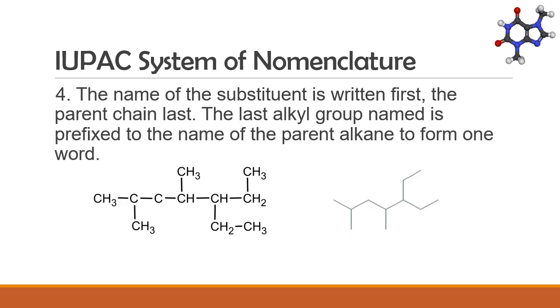Now we need to combine the name of our substituent groups to our parent chain name. Think of the parent chain as the surname of this compound. It is written last. The name of the substituent is written first. So our parent chain name is heptane.